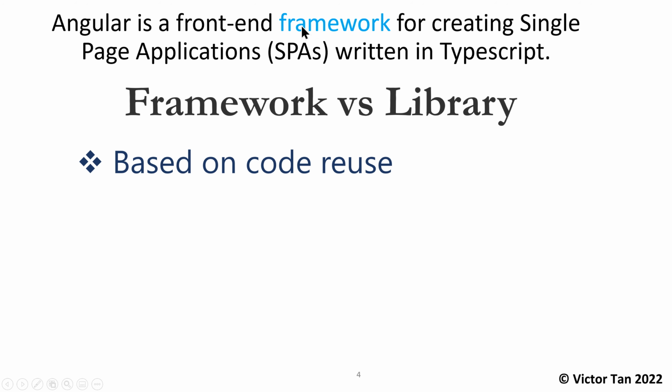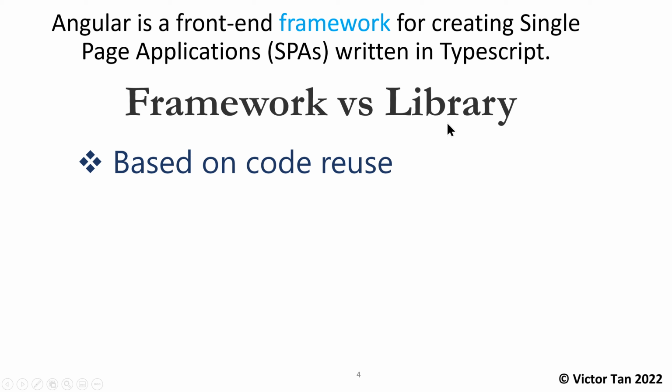Now let's talk about this term framework. Sometimes you will hear the word framework and sometimes you will hear the word library. So what I want to do here is to distinguish between what is meant by framework versus what is meant by library. If you have worked with JavaScript before, you probably will have heard of something called jQuery.